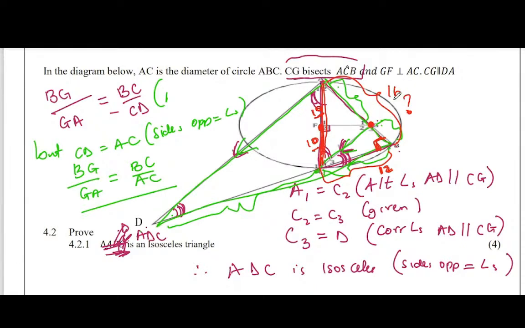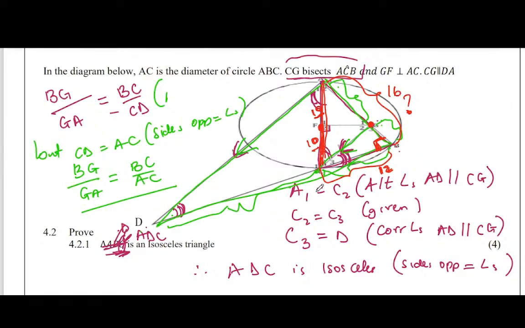You can still use that proportionality theorem of ours that we discussed in the previous part, where we were looking at BG over GA. We can compare it in that format. I think that will be quicker and a little bit easier.